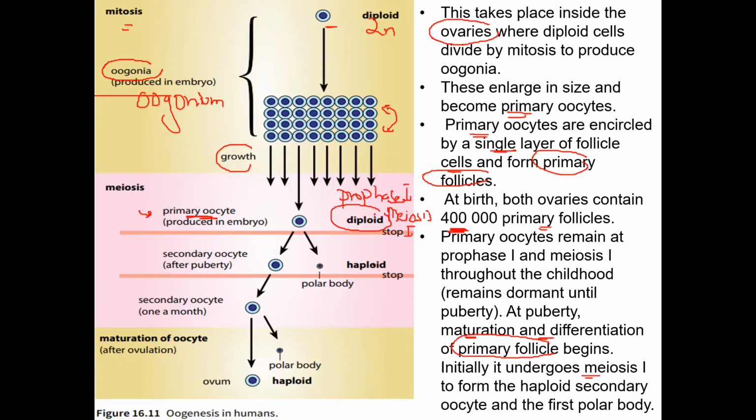During cytokinesis there is uneven distribution of cytoplasm. So one of the cells gets converted into a secondary oocyte, getting most of the cytoplasm, while the other converts into a polar body, right? This is known as the first polar body. This degenerates, and the secondary oocyte will then undergo maturation after puberty.